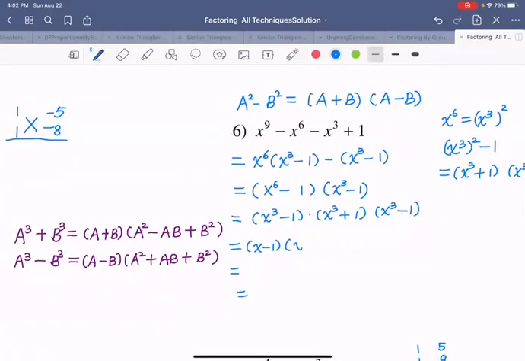And then this is x squared plus x plus 1.